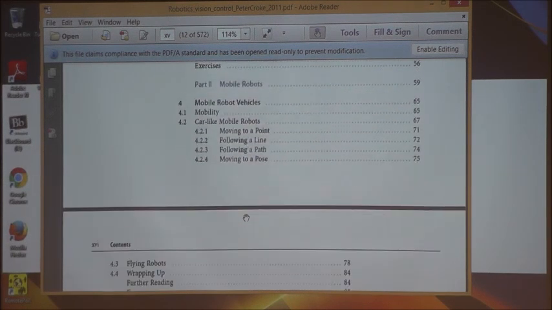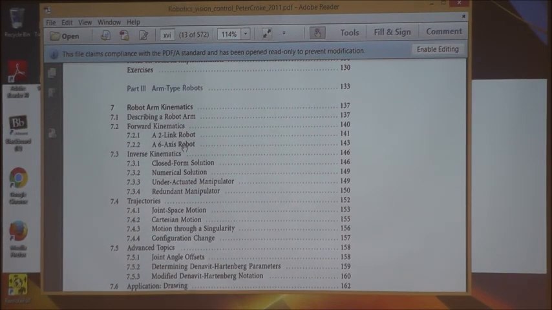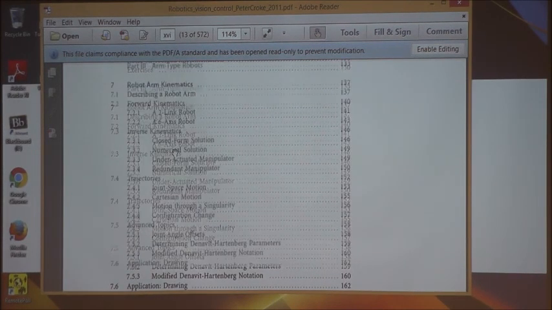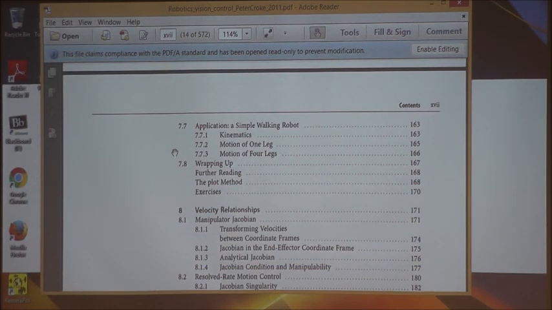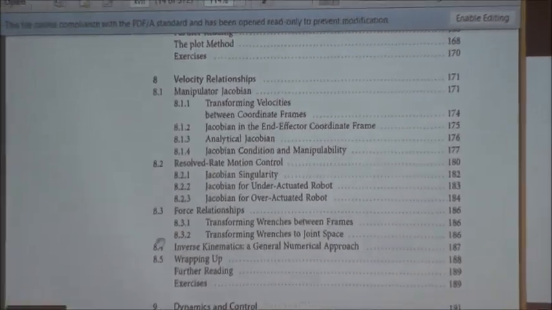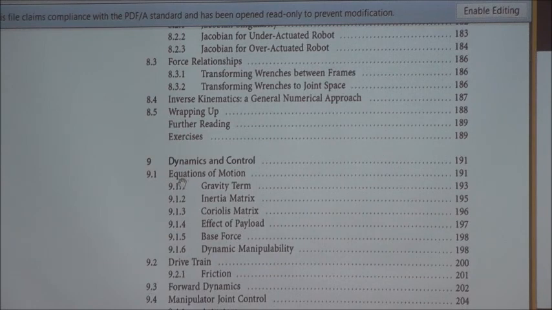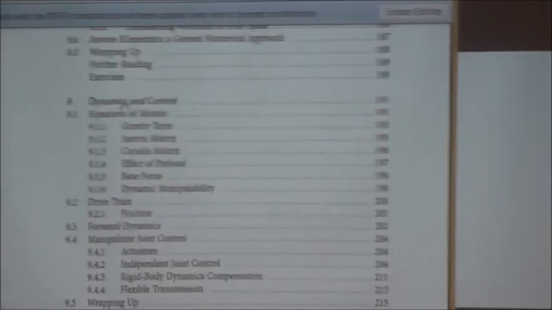We go from there, then I will go to chapter 7 and repeat what I just said quickly. Then I'm going to take you to velocity relationships, the Jacobian matrix, and dynamics of the robot. And dynamics of the robot is very, very complicated as well, unfortunately.